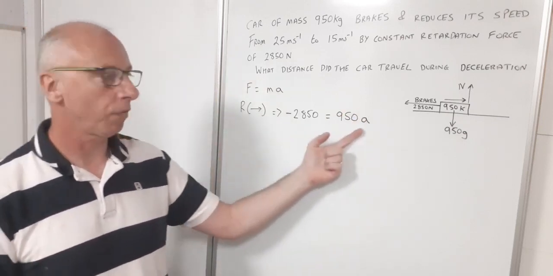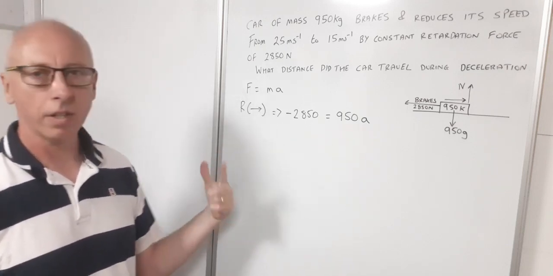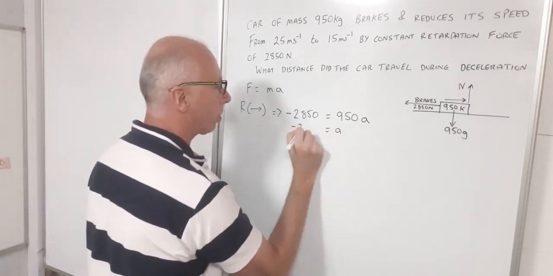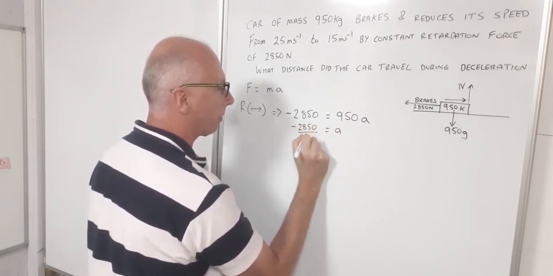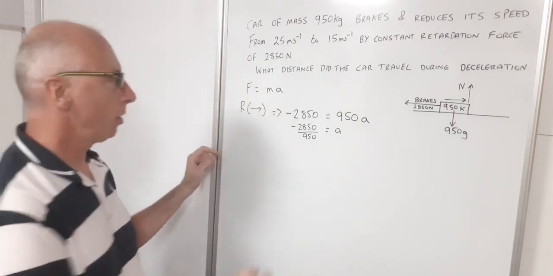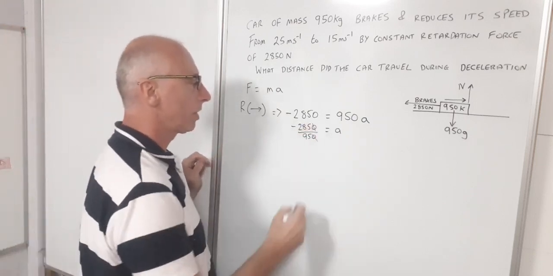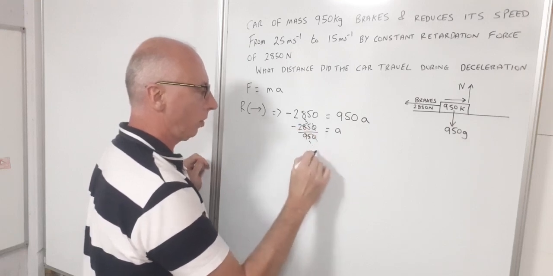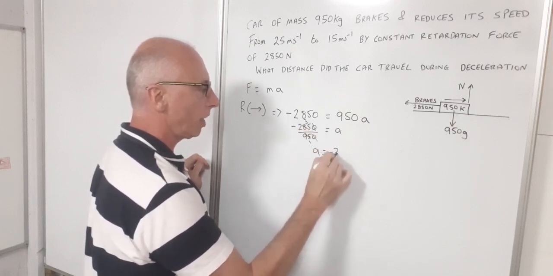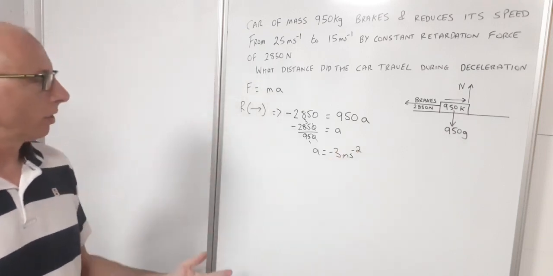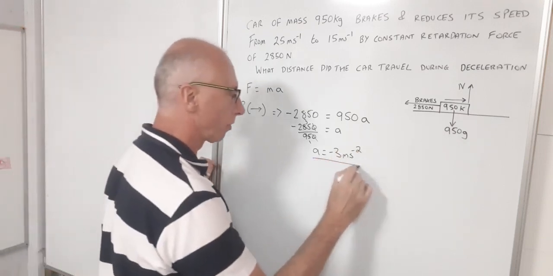Well, if we just solve for a in this equation, then we get a equals minus 2850 divided by 950. Dividing that through, 5s into that, 95s into 285, there's 3. So therefore acceleration equals minus 3 meters per second squared. So that's our acceleration.